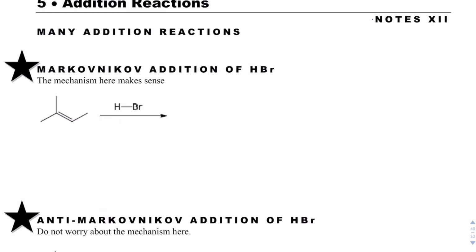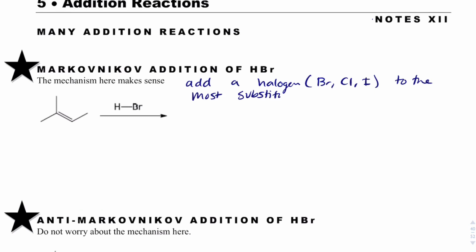Okay, so here's what happens: we are going to add a halogen, and that's typically bromine, chlorine, iodide, to the most substituted carbon. Here's what this mechanism looks like.